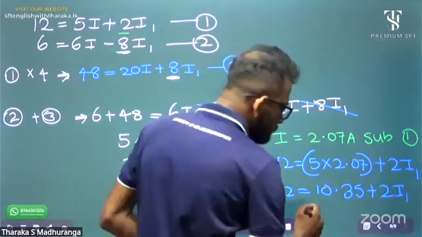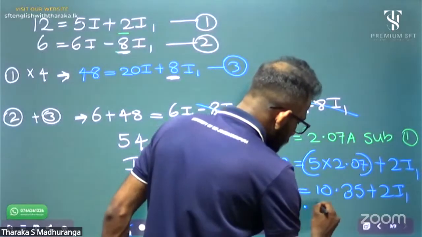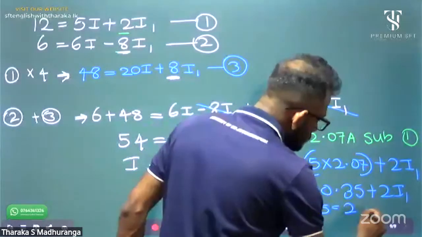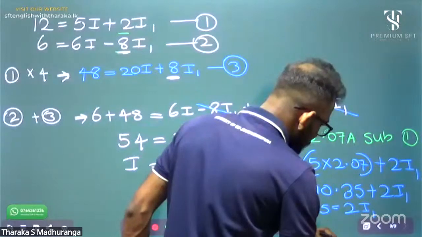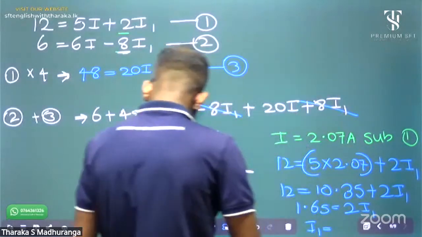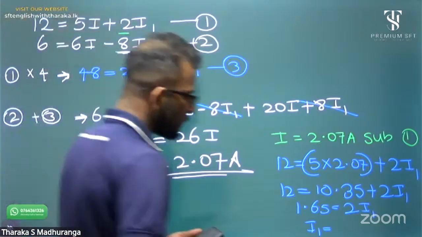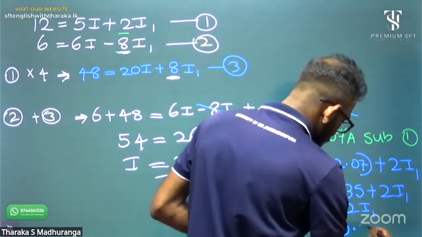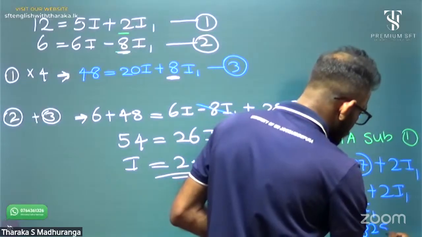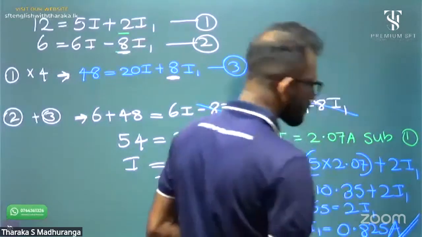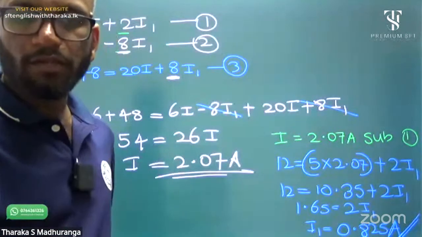It is 1.65. 1.65 equal to 2I1. Then I1 equal 1.65 divided by 2. 0.825 ampere.